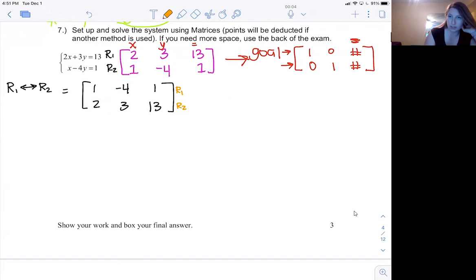So this is where it gets tricky, but if you just pause and step by step follow what I'm doing, I think you'll see the basic idea. So what I'm doing is I'm timesing -2 times row 1, and I'm adding that to row 2.